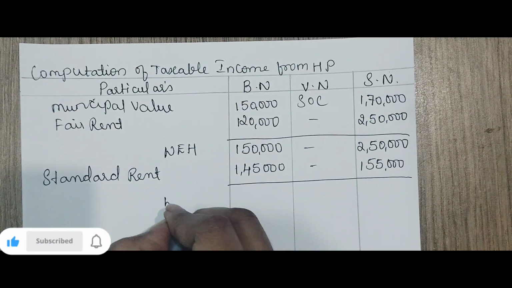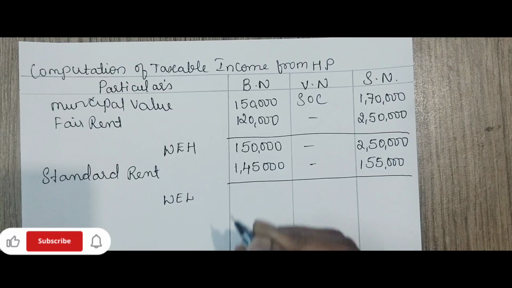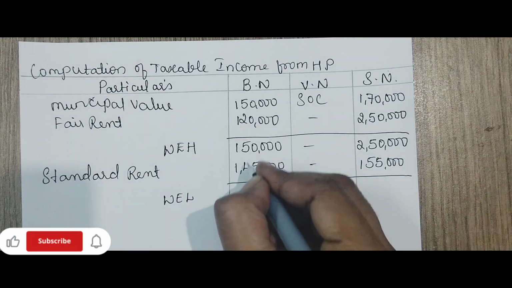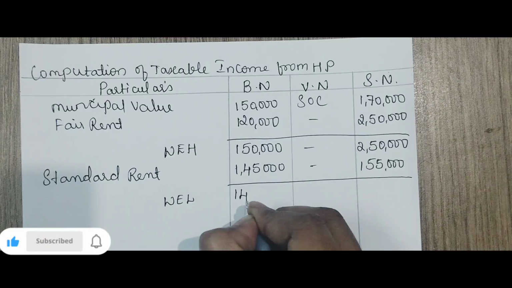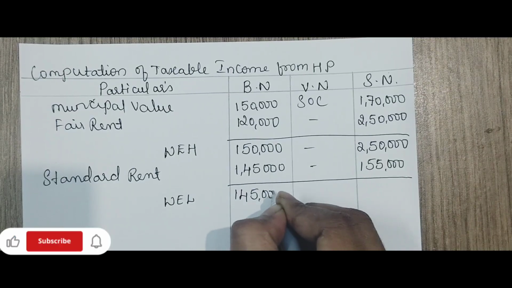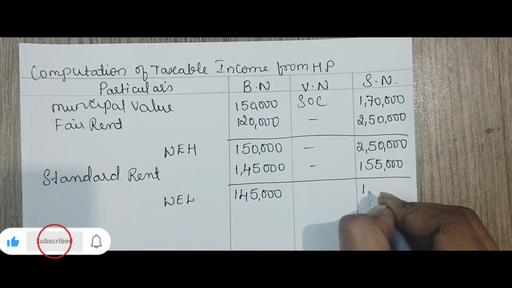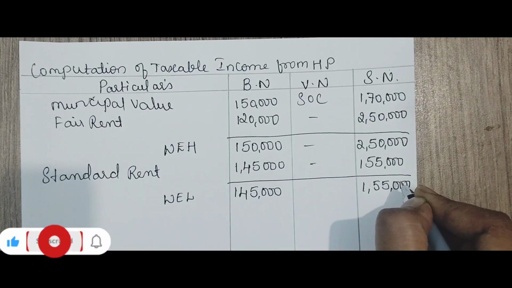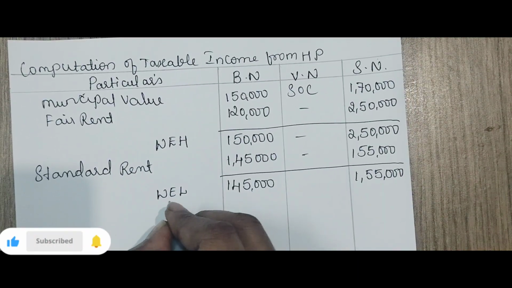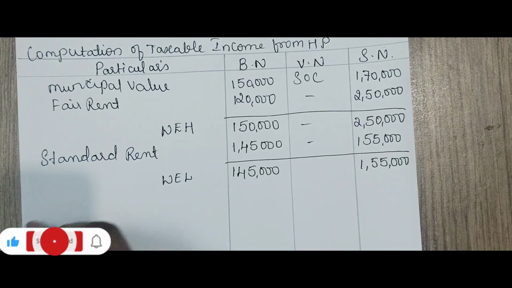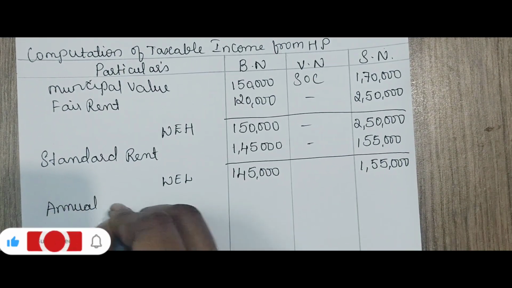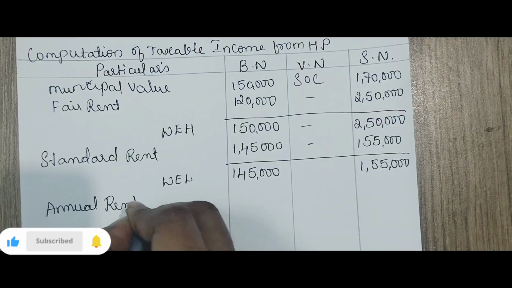Now, whichever is lower will be called the expected rent. 1,50,000, 1,45,000. Which is lower? 1,45,000. And here 1,55,000. Now, with this expected rent, whichever is lower, you are comparing the annual rent. This will be your actual rent.